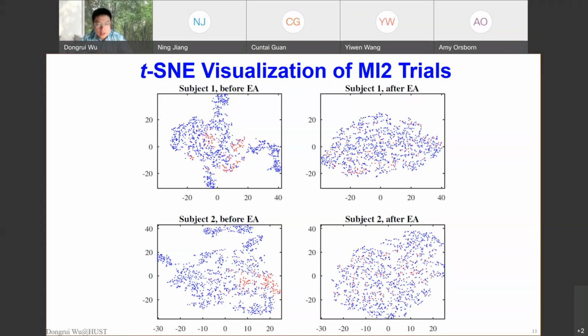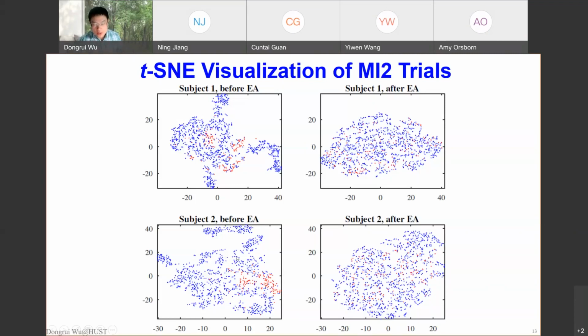If we combine data from source domains and the target domain directly, because their distributions are so different, we may not achieve good performance. But after EA, we can observe that the red dots and blue dots are more consistent. This would facilitate later signal processing and machine learning.